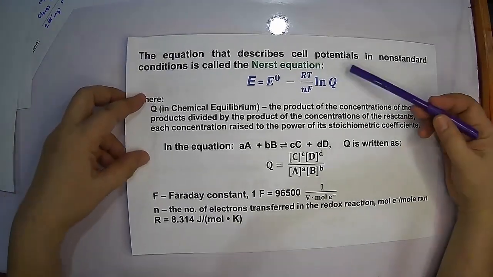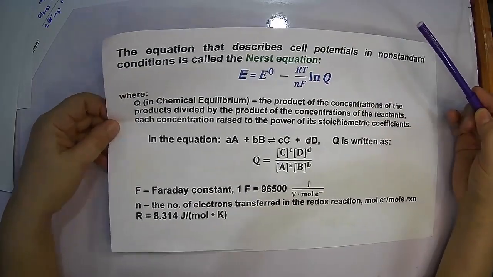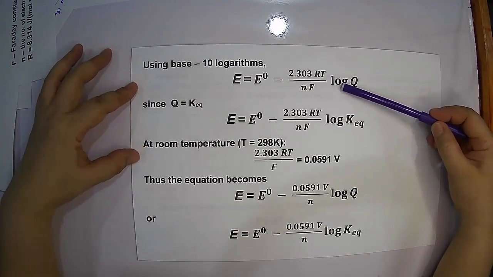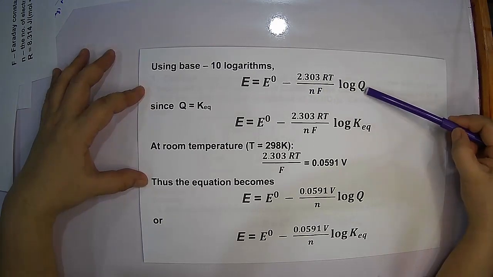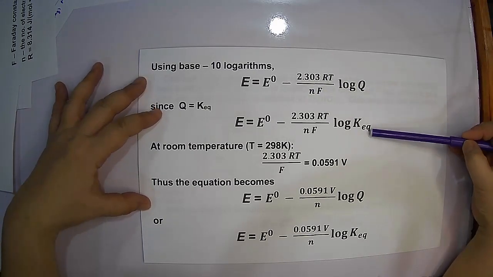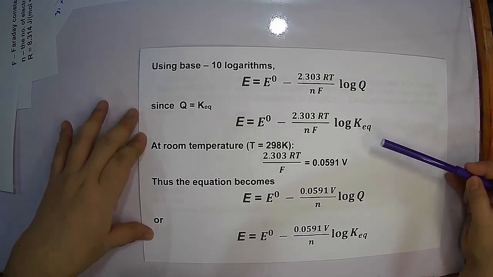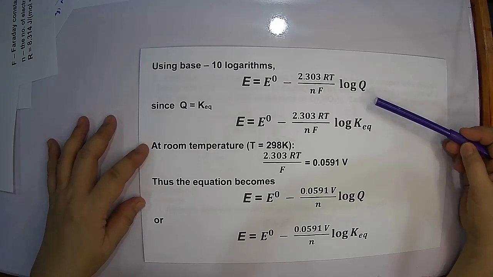The ln is the natural logarithm; we can convert it to the base 10 logarithm, wherein we have the factor of 2.303 times the log of Q. Again, Q is your Keq, as in your lesson in chemical equilibrium, which is also called the reaction ratio.